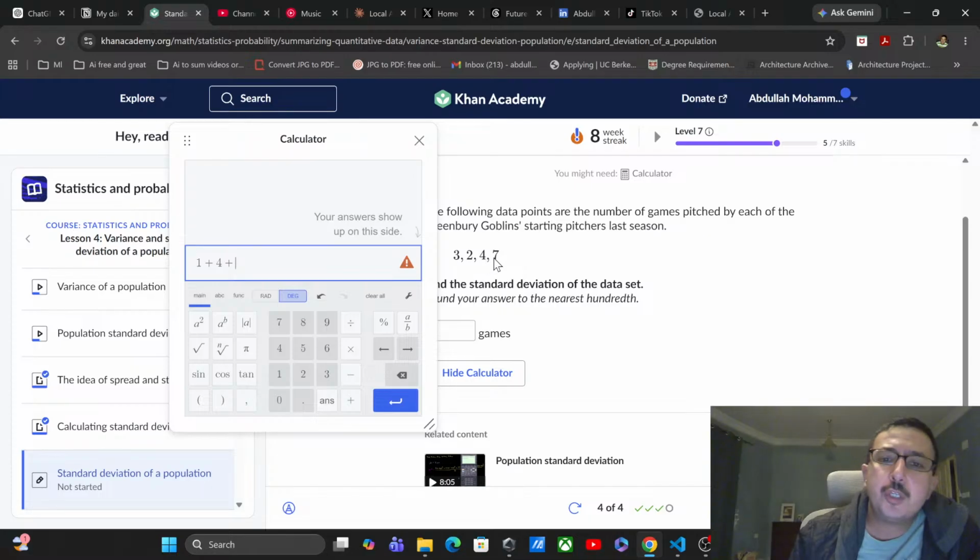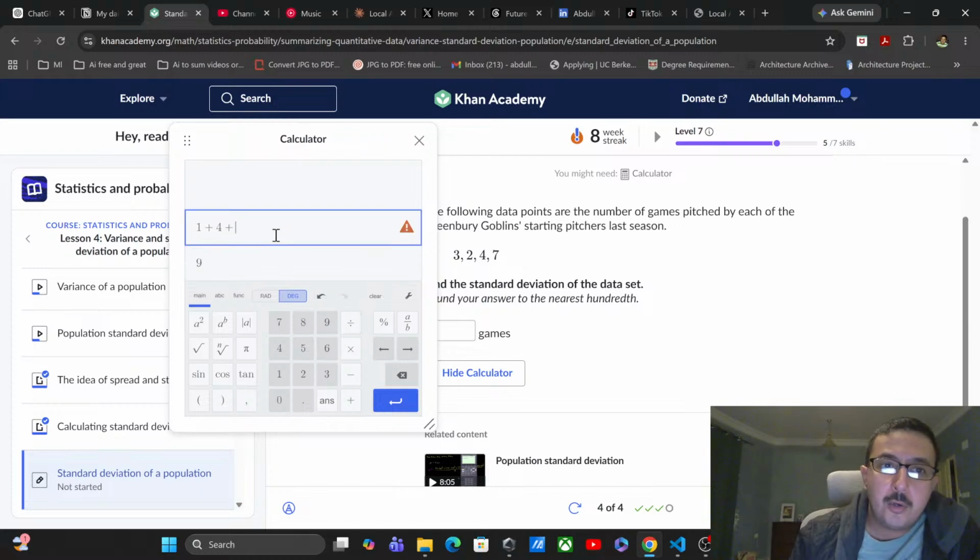Square. So I got 4 minus 4 is 0. We don't need that. I got 7 minus 4 is 3. Wait, 7 minus 4 is 3. 3 squared is 9. So I got 9. Wait. Nope. 9 is 14.